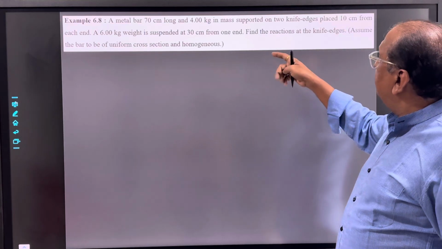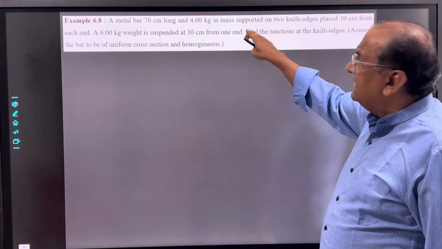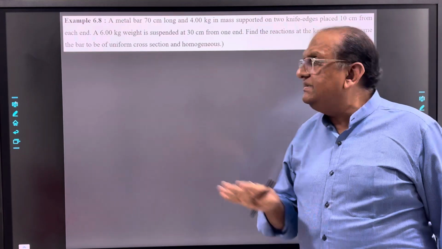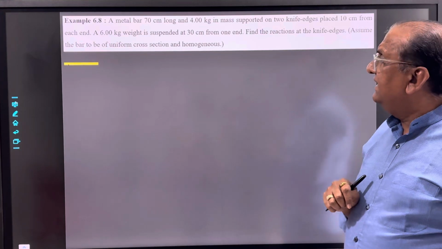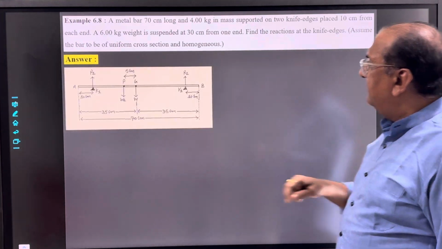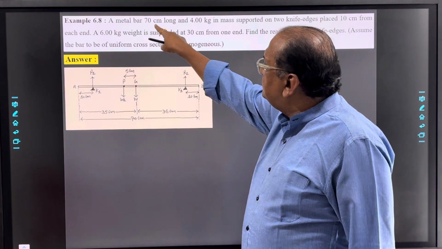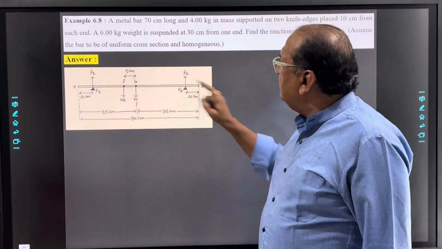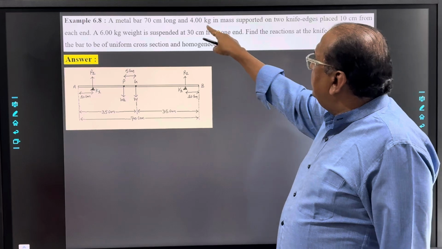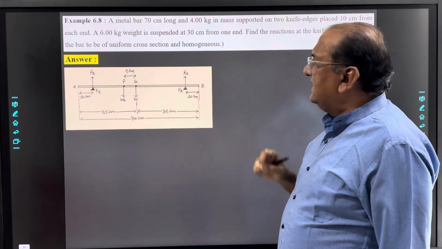So now first try to understand this entire given situation with the help of figure. See here the figure. We have this AB metal bar, which is 70 centimeter long, and it is 4 kilogram in mass.